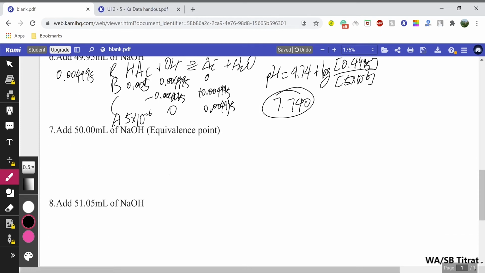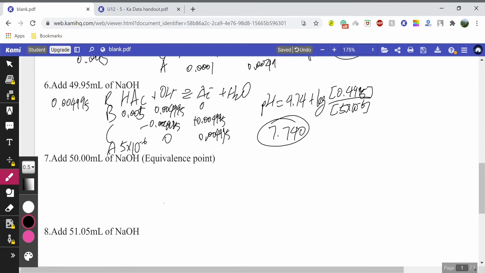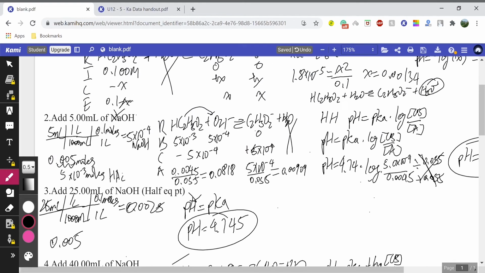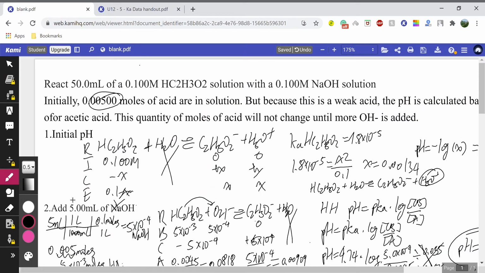Next, we have 50 milliliters. So 50 is going to be the equivalence point. Now, how will this work at equivalence point? RICE: HAC plus OH minus produces AC minus plus H2O. I'm not going to worry about what's in the before, because after, it's all going to turn into 0. Now, AC minus, we start off with 0. And now, what is the amount of moles? Over here, I told you we have 0.005 moles.